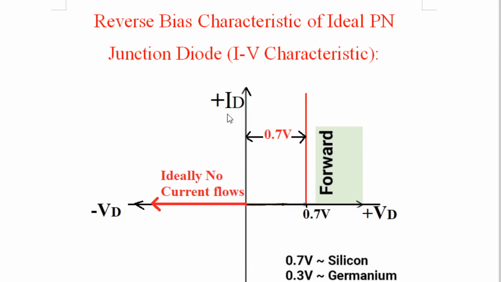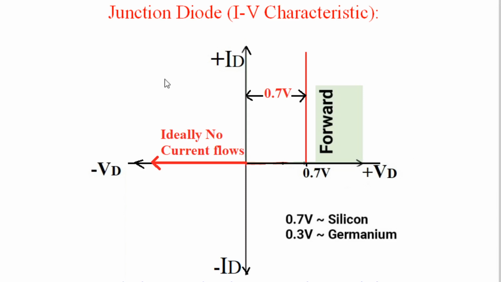Now let us go to the reverse bias characteristics of the ideal PN junction diode. Reverse bias characteristics are also called current versus voltage characteristics. Look at the left hand side, the third quadrant.